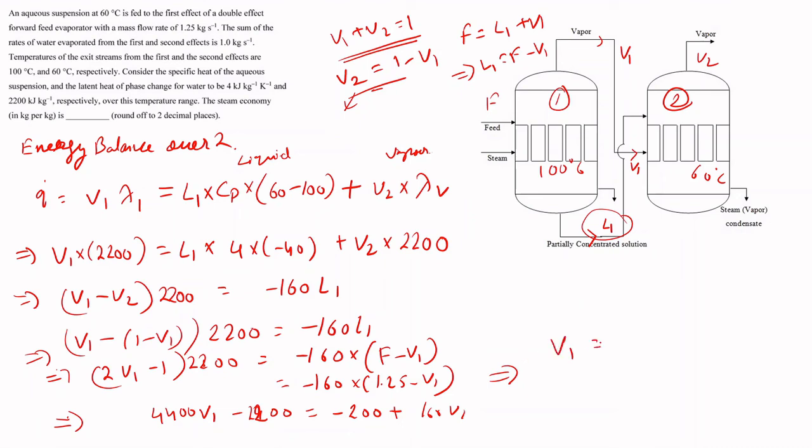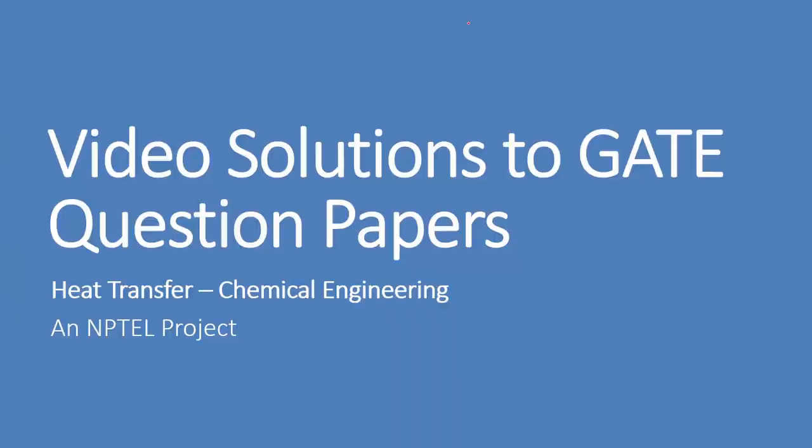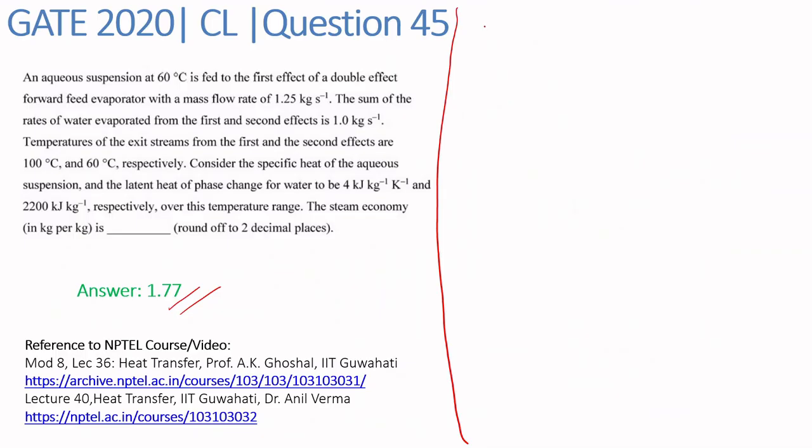So V1 will become 2000 upon 240. So V1 will become 0.4716. Okay, so we have the value of V1 as 0.4716.